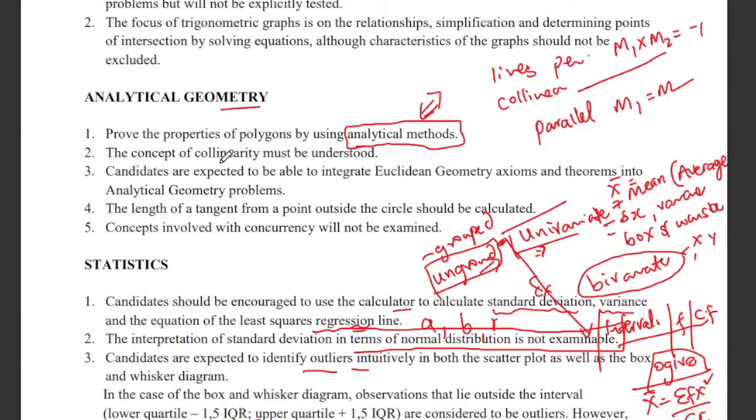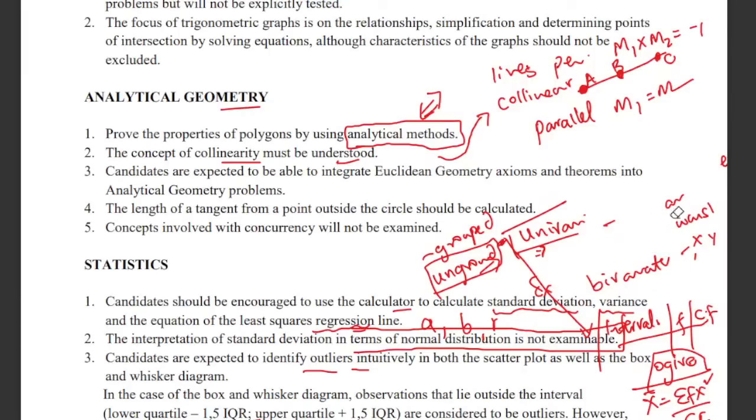Then the concept of collinearity must be understood. That's what I was discussing, the collinear points, okay? So collinear points are basically points that lie on the same straight line, okay? If we have a point A, a point B, and probably a point C, and these points are collinear, then we expect the gradient between the points to be the same.